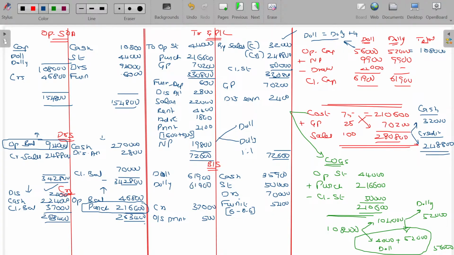Both will have the same value. The overall capital for the entire firm being 1,23,800. The balance sheet total in this case being 1,61,300. Hope now you will be able to understand this one. Clear? Third question is over.